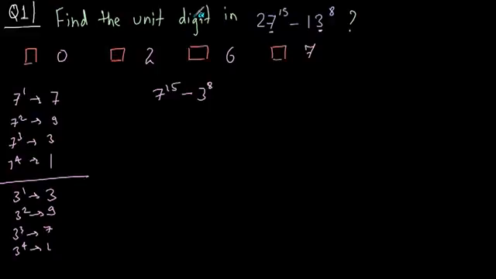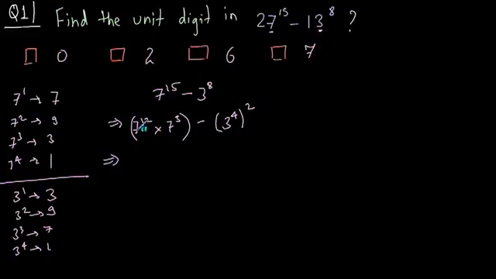So 7 raised to 15 can be written as 7 raised to 12 into 7 raised to 3. 12 plus 3 is 15. Minus 3 raised to 8 can be written, since we know the powers of 3 up to 4, as 3 raised to 4 raised to 2, by the laws of indices.